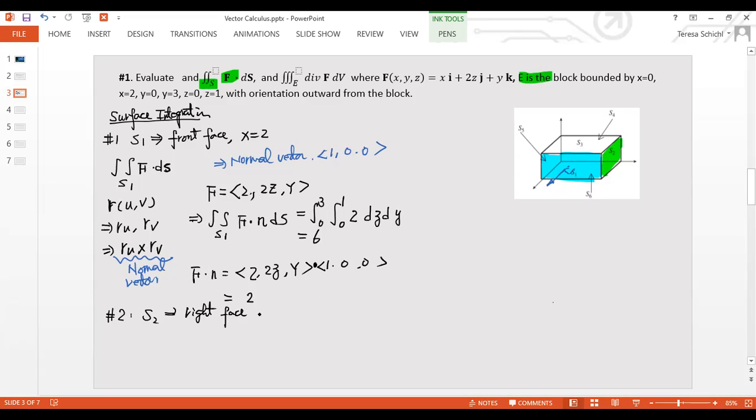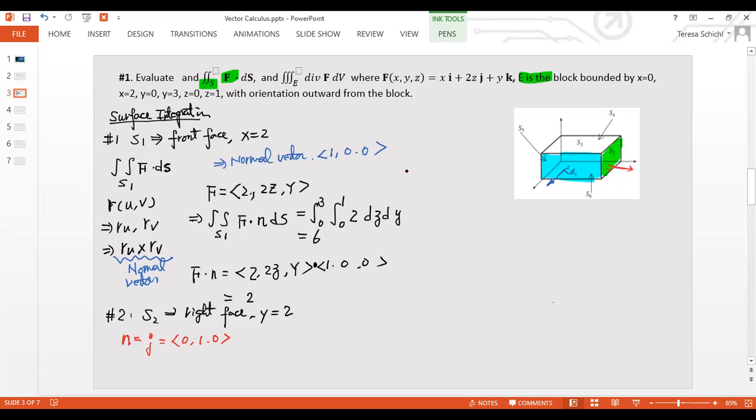This face tells you y equal to 2, correct? So what is the normal vector? It goes in this direction, perpendicular to this surface. The normal vector is only in the j direction, so it will be (0, 1, 0).